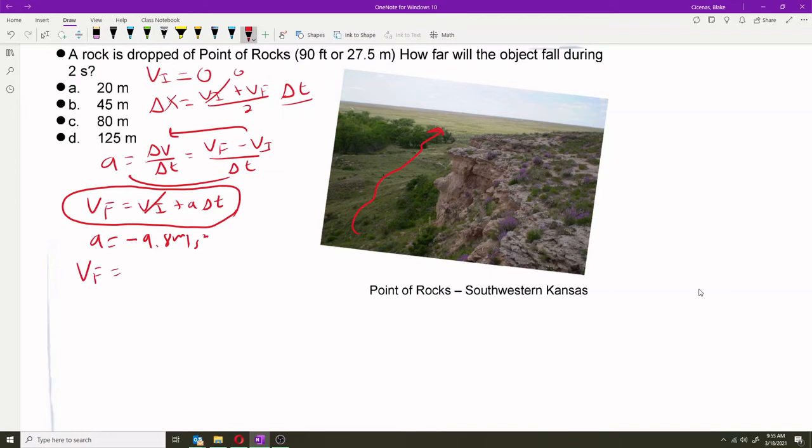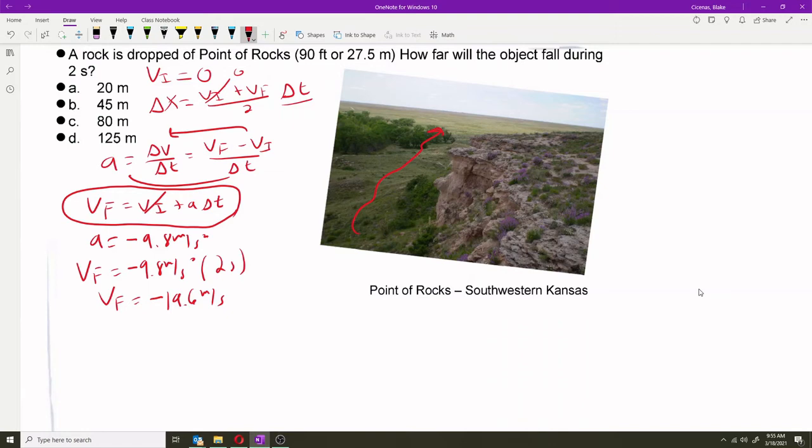Now we can do that. So I take Vf, and that's equal to negative 9.8 meters per second squared times 2 seconds. That'll give me a final velocity, in this case, of negative 19.6. It's negative, and it should be, because if you drop it, the velocity should be going down.